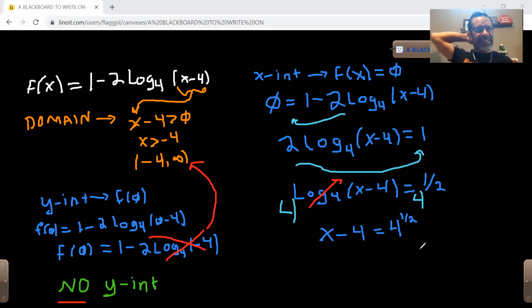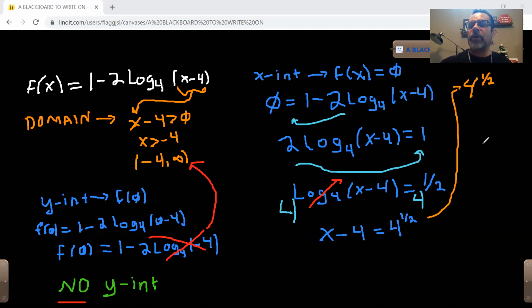Let's assume that we don't have any calculators. If we don't have any calculators, how can we calculate this? Well, 4 elevated to the 1/2, using the properties of the exponentials, is the same as the square root of 4, and the square root of 4 is equal to 2.